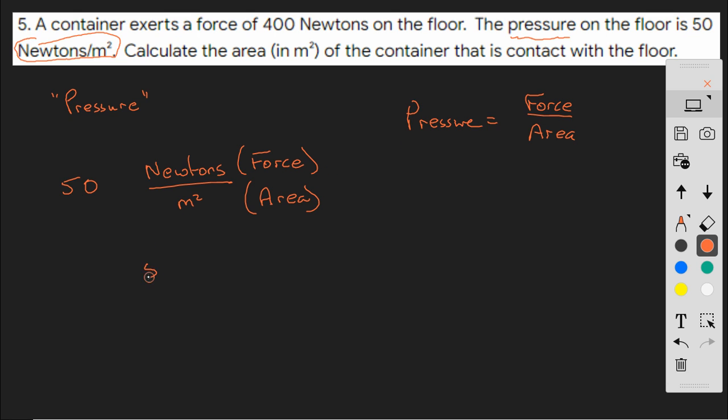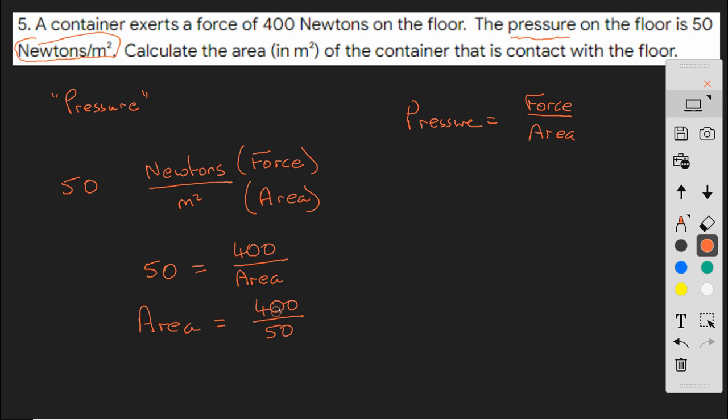I can see that just from the information that they've given us in the units. So 50 equals 400 divided by area. Now hopefully we're okay at doing a little bit of rearranging: what do we need to divide 400 by to get 50? Well, that's the same as dividing 400 by 50.